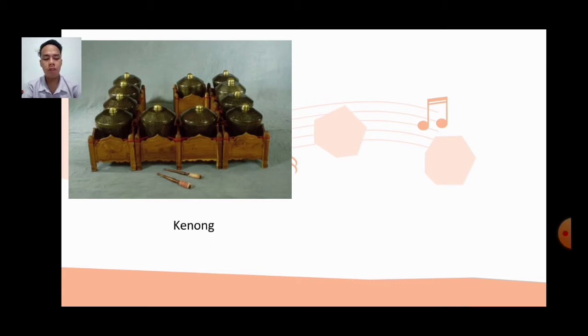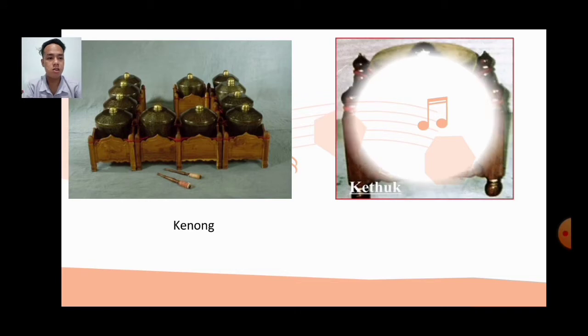The kenong is a small deep-tuned gong used as a punctuating instrument. These gongs are placed on racks suspended by cords. The musician sits in the middle of the gongs, which contain all the pitches of 2 scales. As you can see, this is just like a drum set, where the person sits in the middle of the gongs.